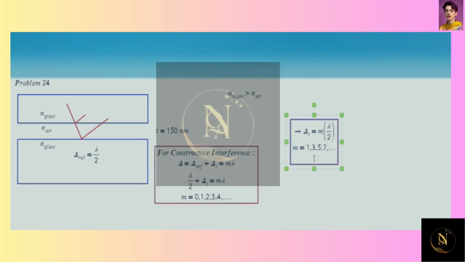Delta t is going to be equal to 2t because that's the path length difference. The light comes in and then it comes out. So notice that since this column of air is very narrow, we're assuming that this distance here is equal to this one, which is equal to t.